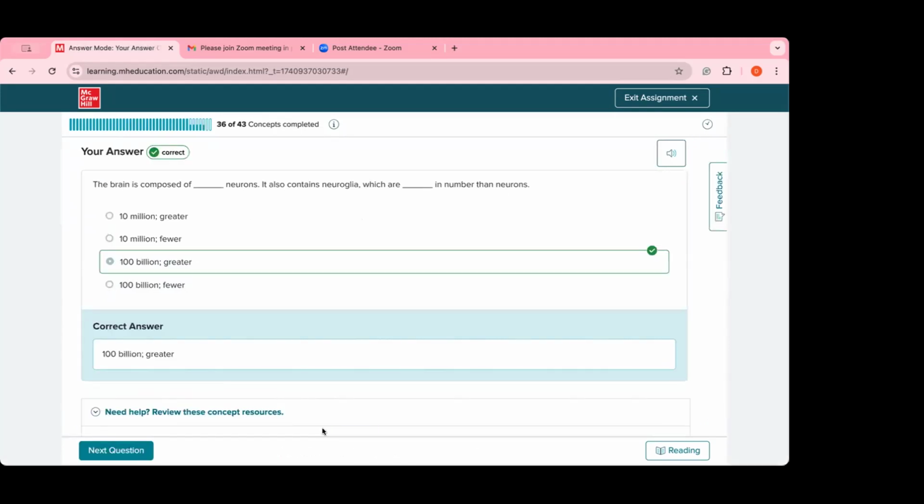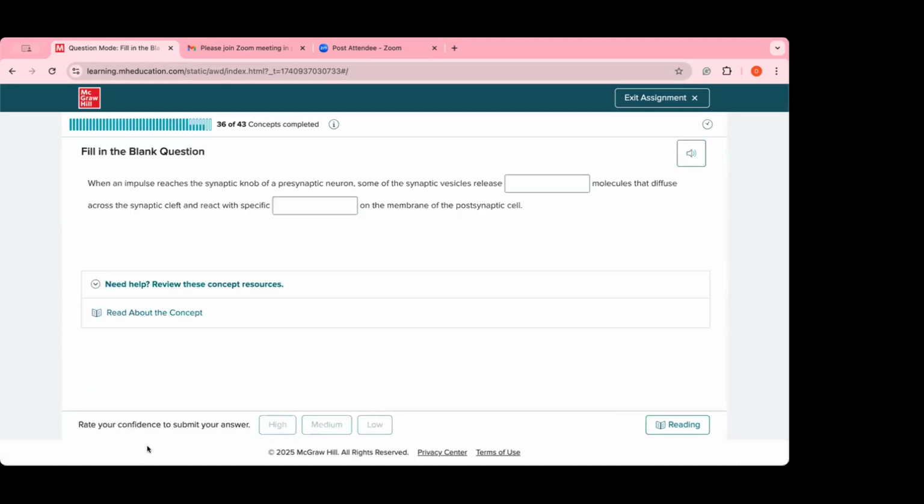Okay. Next question. When an impulse reaches the synaptic knob of a presynaptic neuron, some of the synaptic vesicles release blank molecules that diffuse.